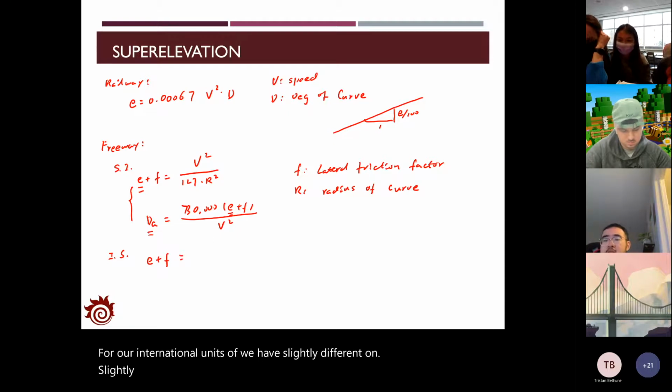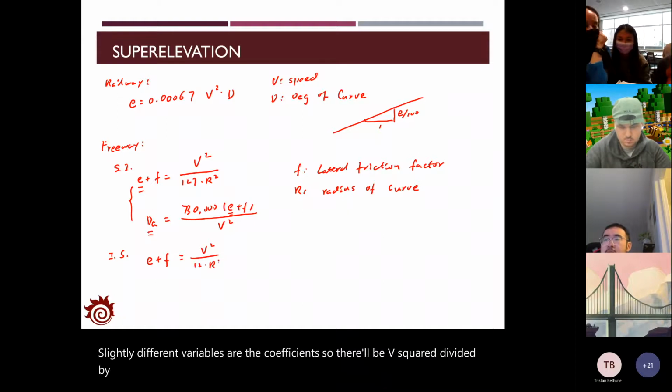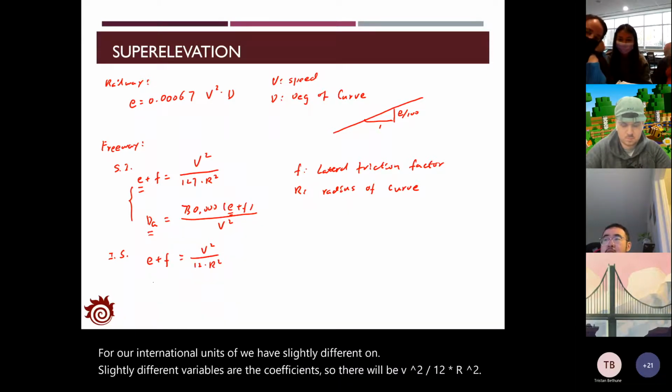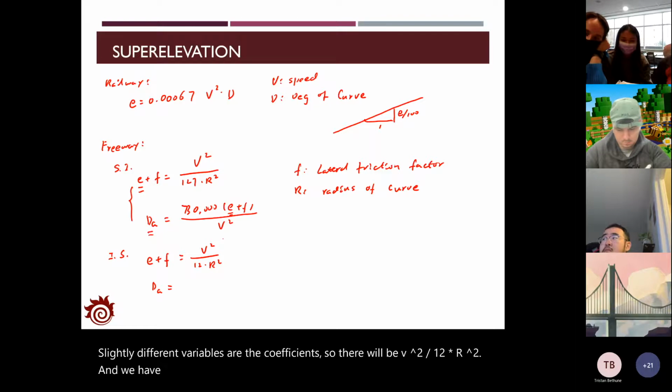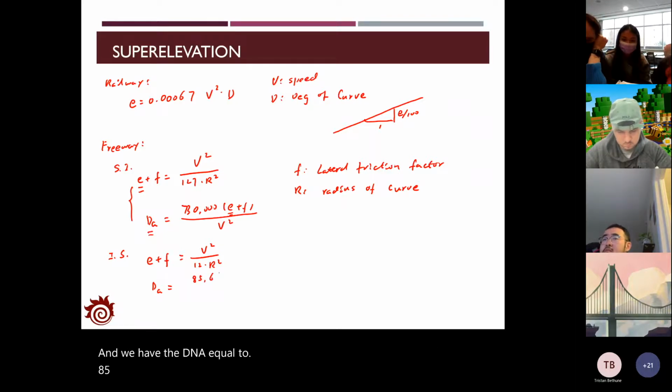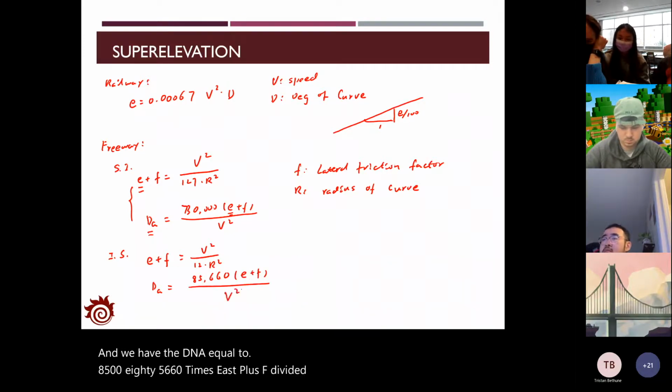For the international units, we have slightly different variables, the coefficients. So that will be V squared divided by 12 times R squared. And we have the dA equal to 85,660 times E plus F divided by V squared.